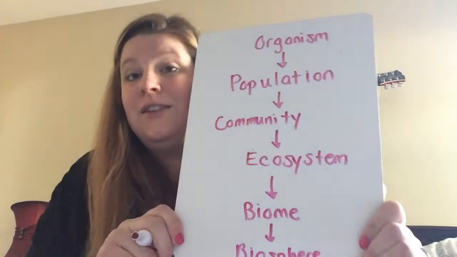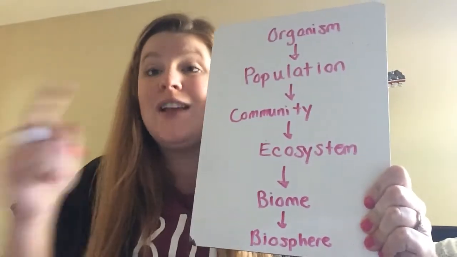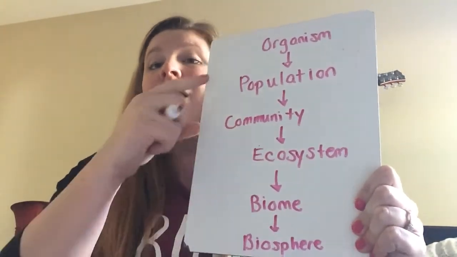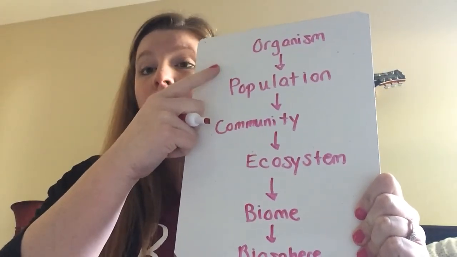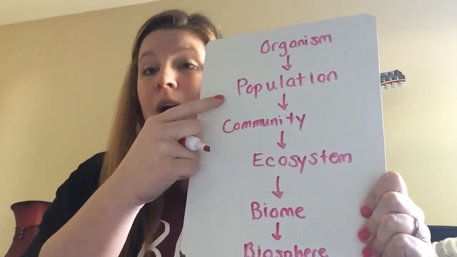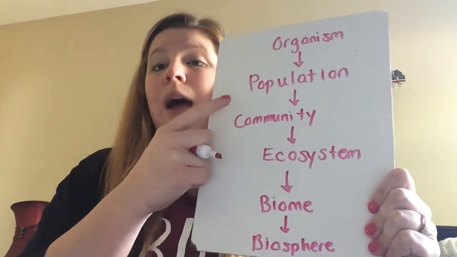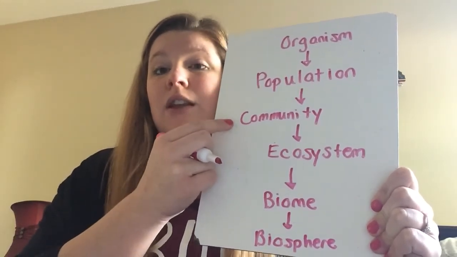And then the final thing is the biosphere. This is it, all right? So everything I've just been saying, this is what sums it up. We start with the living thing, biotic. A bunch of those becomes a species, which is a population. Tons of populations working together, species in a community.